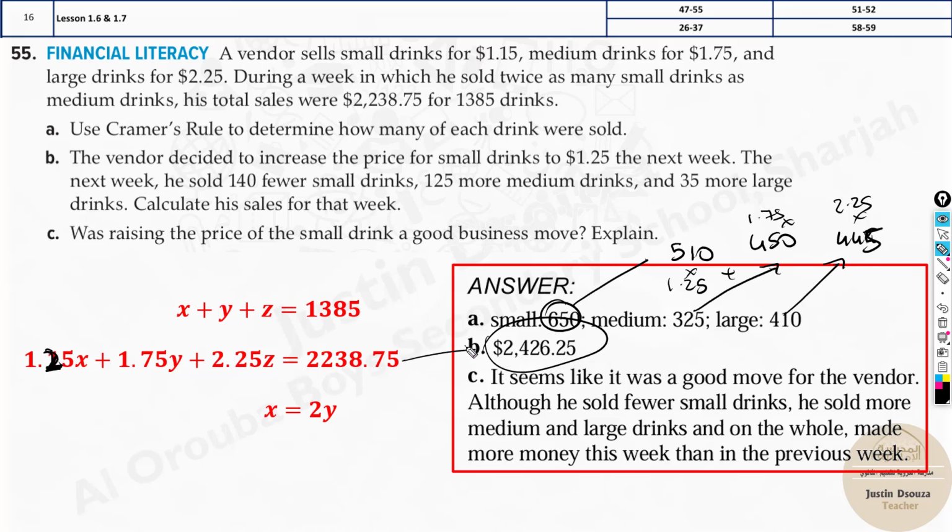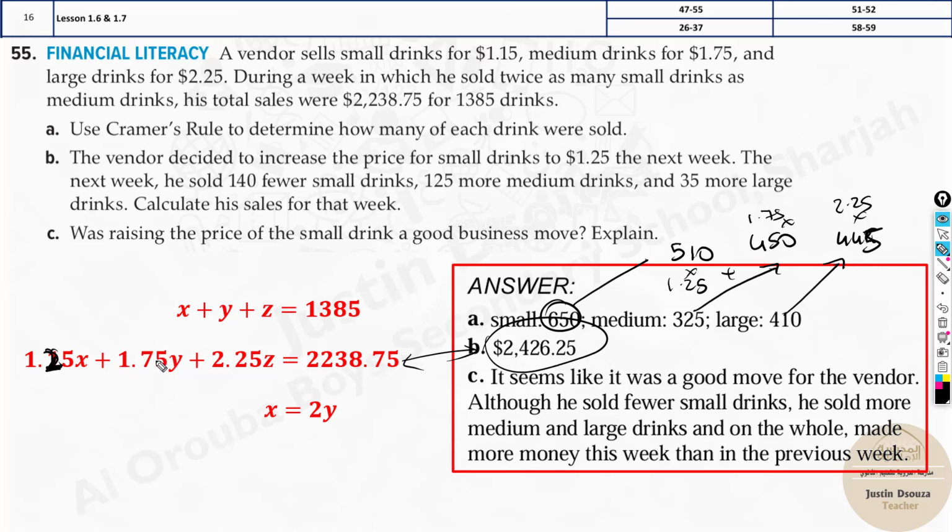2426.25. Now if you compare, really, though he got a loss in the small drinks because fewer were sold, his total revenue increased. So was raising the price of the small drink a good business move? Explain. Yes, it was a good business move because see, everyone was thinking, okay, now 1.25 for the small drink.